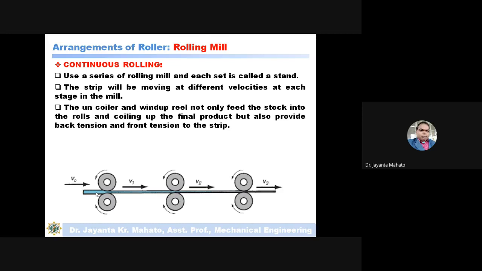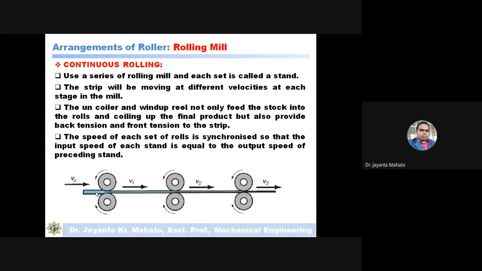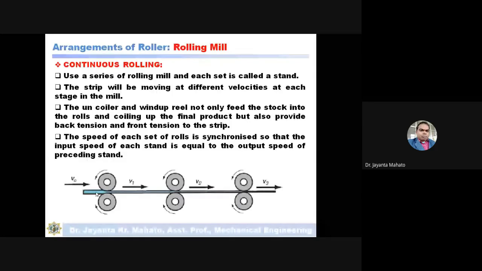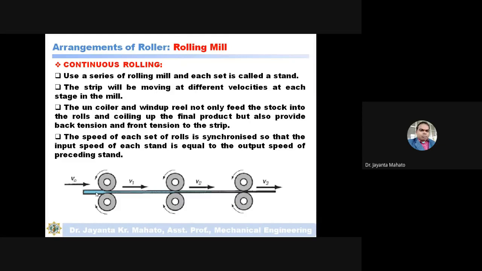So after passing through different stands or arrangements of rollers, you can get a thin material, and this thin sheet material you can roll into a coil.